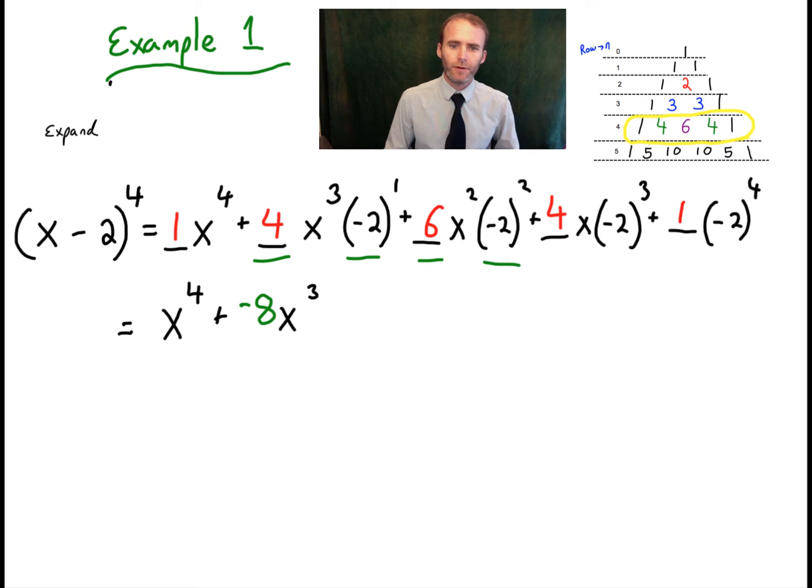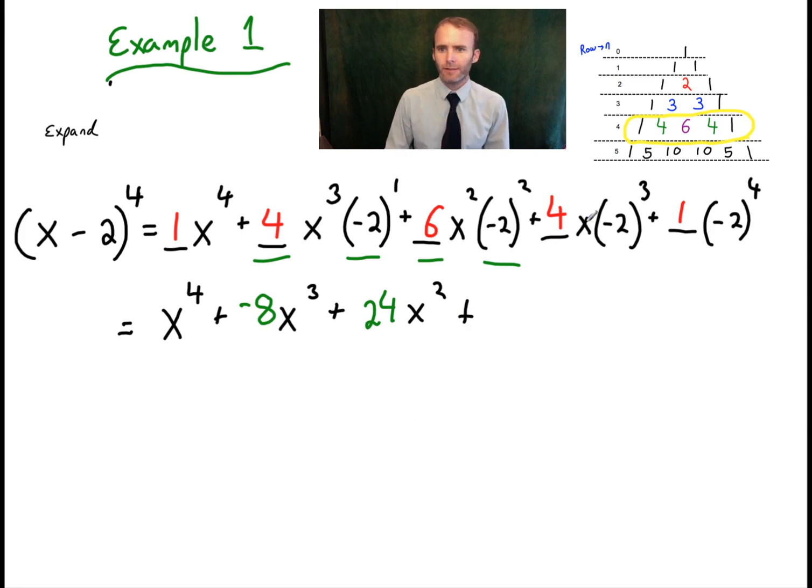Well, negative 2 squared is 4. 4 times 6 is 24. So here I'm going to get plus 24, let's write that in green. So I have plus 24, and my x is x squared.